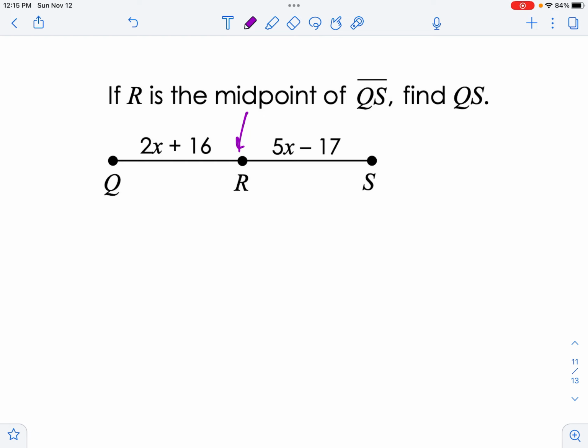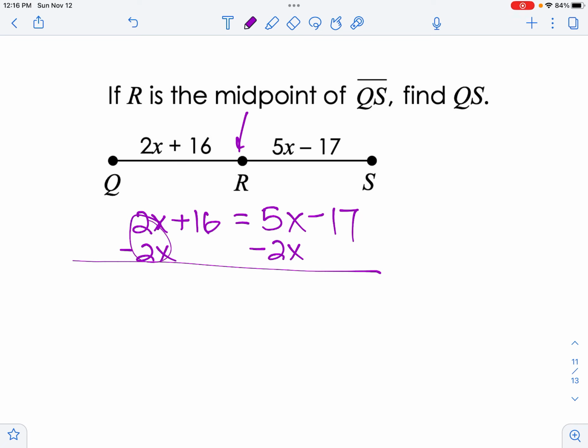And we're going to write 2x plus 16 is equal to 5x minus 17. Okay, so let's solve. Subtract 2x from both sides, or 5x. I get 16 equals 3x minus 17.